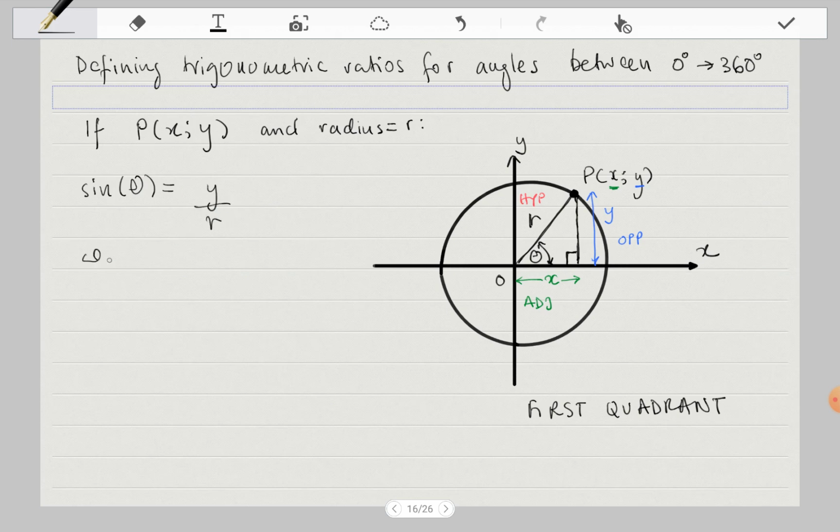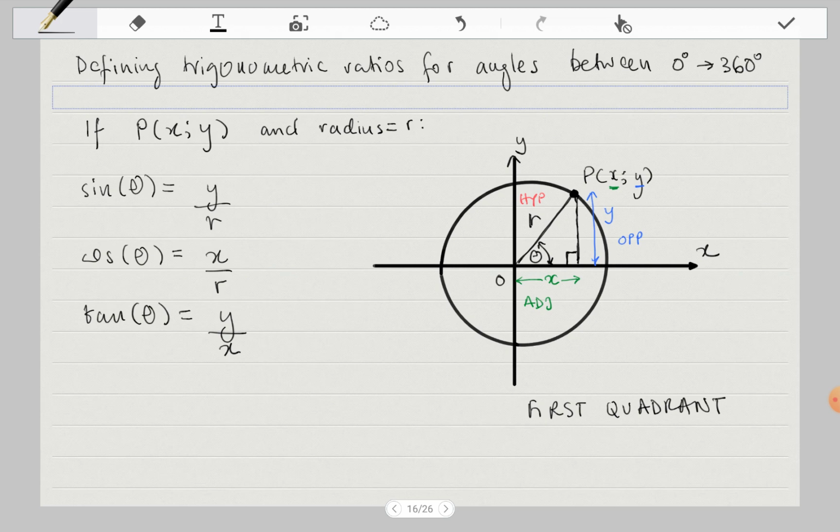The cosine of theta would be your adjacent over your hypotenuse, which gives x over r. And tan of theta would give y over x, which is opposite over adjacent.